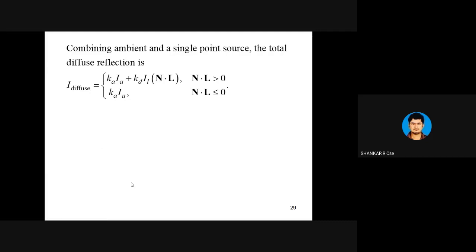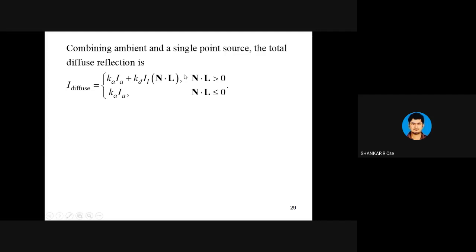Now, since we have understood ambience and diffusion, let us combine both. KAIA is your ambience, KDIL cos theta, that is KDIL NL, is your diffusion. In my next slide I should combine ambience, diffusion plus specularity.